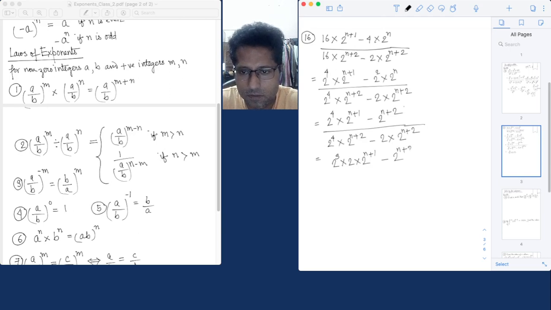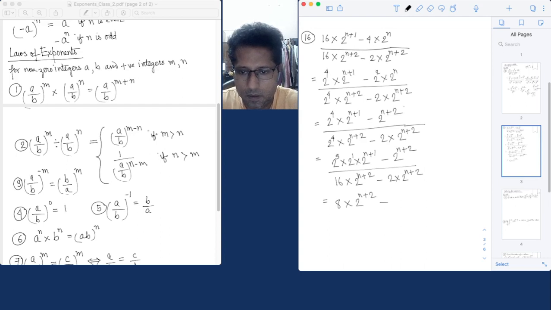Divided by 2 to the power 4, let this be 16, because now this is 2 raised to the power n plus 2 minus 2 multiplied by 2 raised to the power n plus 2. Now this is 2 to the power 3 is 8, and 2 multiplied by 2 raised to the power n plus 1 is 2 raised to the power n plus 2, because 2 means 2 to the power 1.